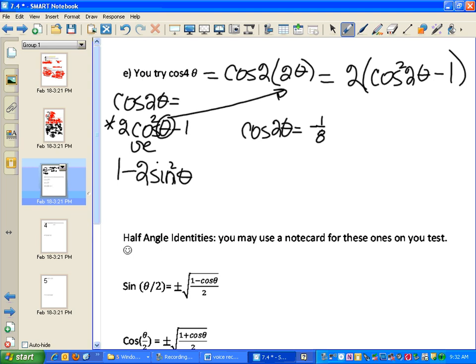Let me think about this one, because I did this a different way. Cosine. Right.